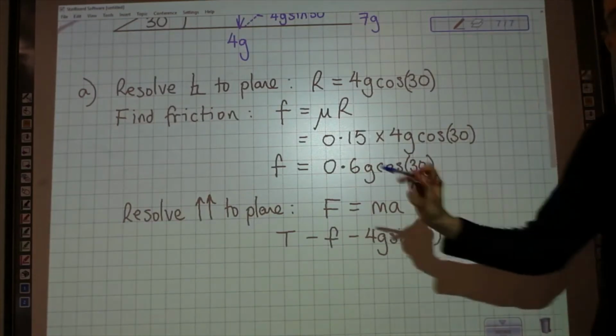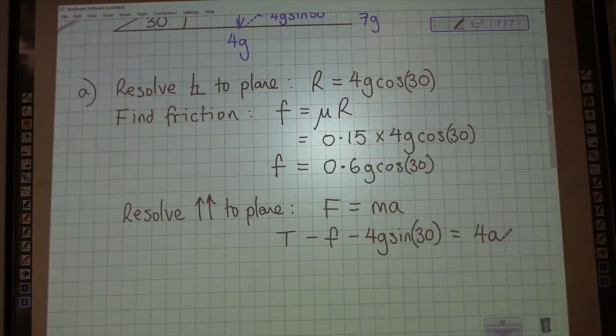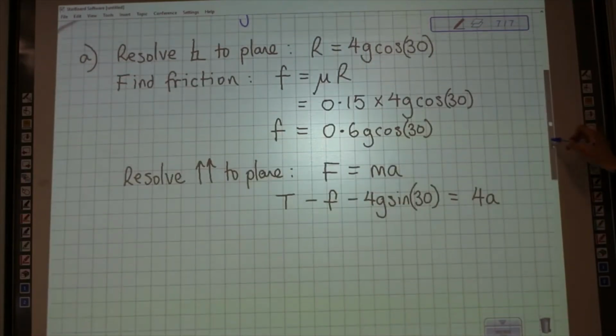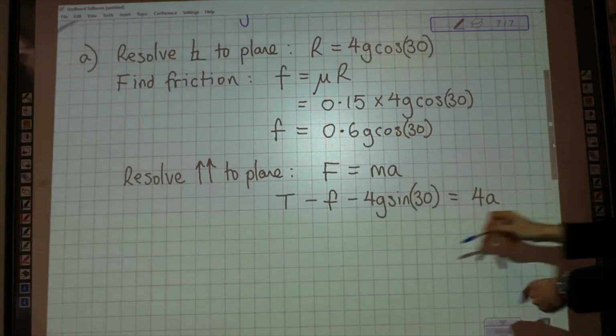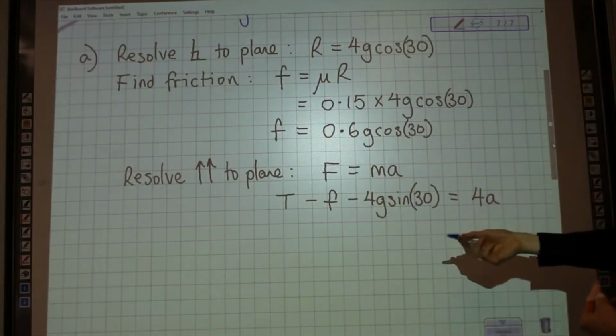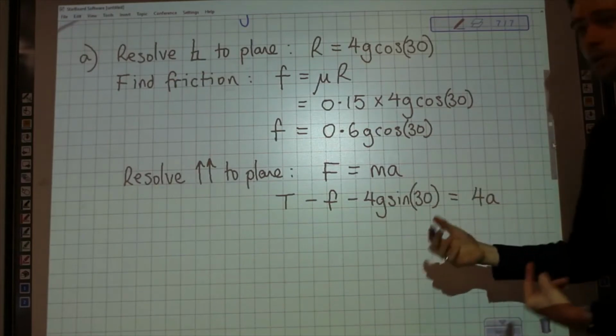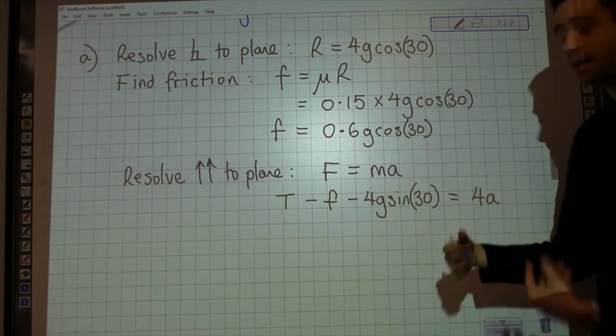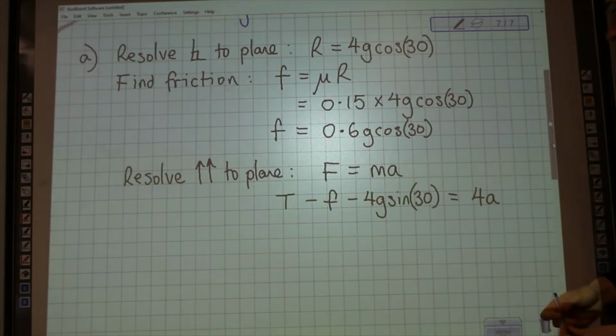Now, because we're only looking at particle A, the mass is 4, so it's 4a. And I can now get all this to be T minus a single value, and this will be my first equation of motion that will help me ultimately to find out T and a as numbers.